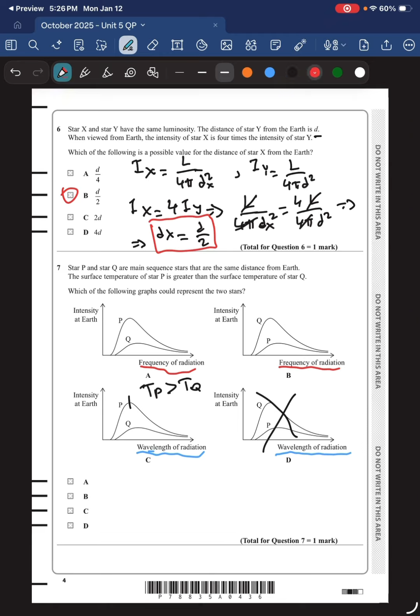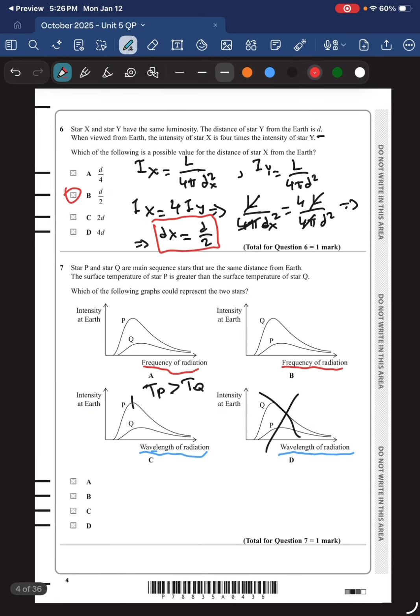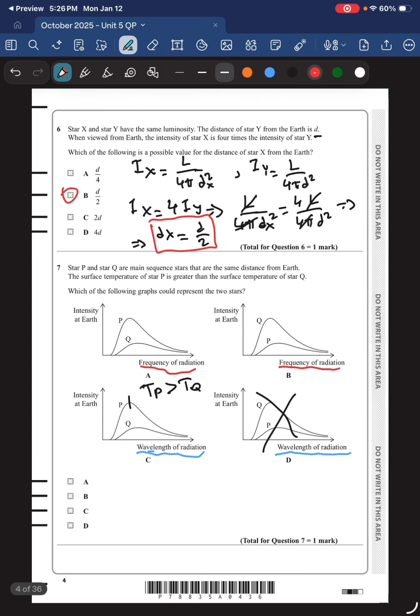If you use the frequency of radiation, the star with the highest temperature would have a peak at a higher frequency. I've never seen it done, but in case you wanted to work with frequencies, you should have something like this. This is the intensity and this is the frequency.